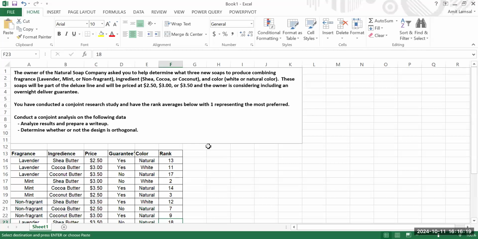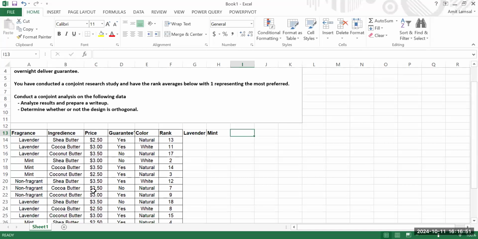So let's move on. The first step is to choose the different attributes and remove one of them. Here in fragrance, we have three attributes: lavender, mint, and non-fragrant. Here I would like to choose only two, because that way I can help you understand more easily. So I am removing the non-fragrant from the fragrance.